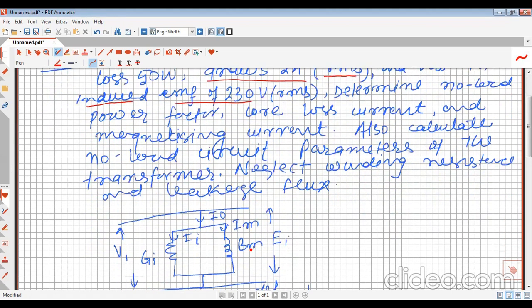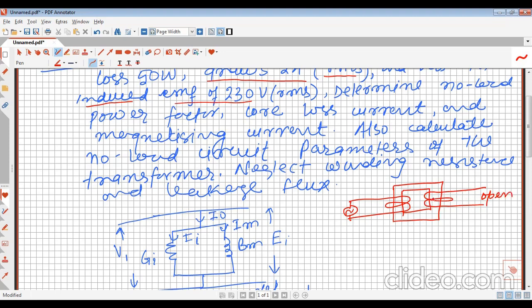So our equivalent circuit of this transformer at no load is given here. No load means the secondary side of the transformer is open circuited. Only the primary side is connected to the source like this, and the secondary side is open.